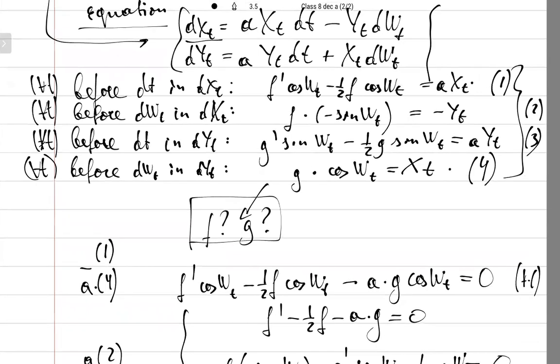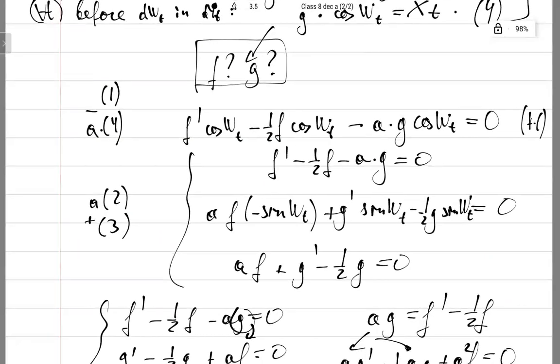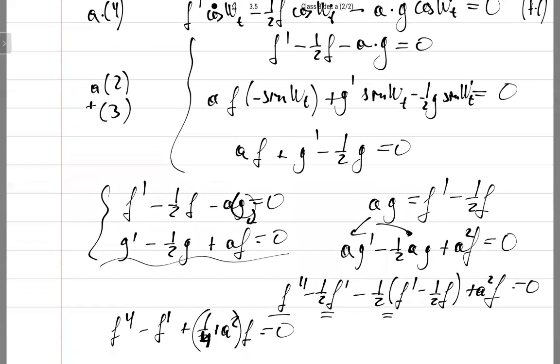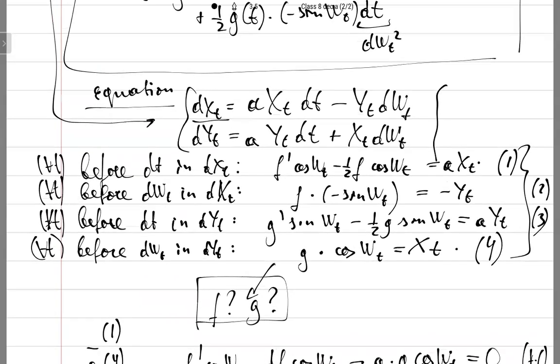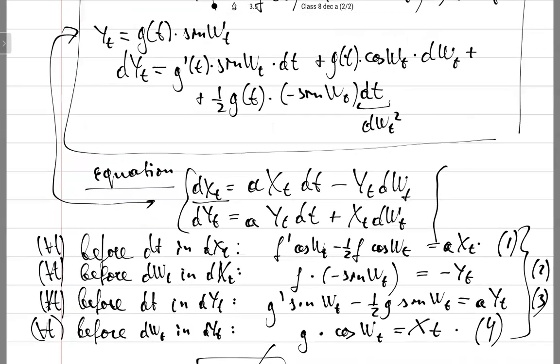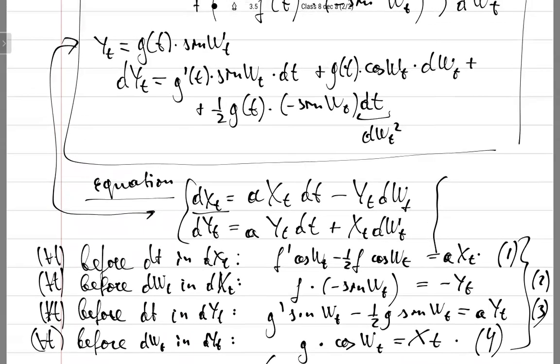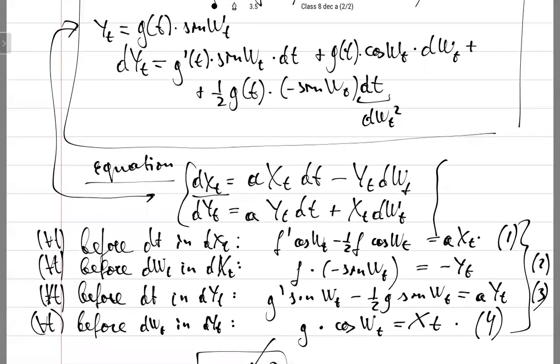I'm sorry, can I ask you a question? Yeah. Can you show the 4 equations? I have a question about the second. Is it equal to minus yt or minus xt? Let's check. Second one, what is before dw in dx?